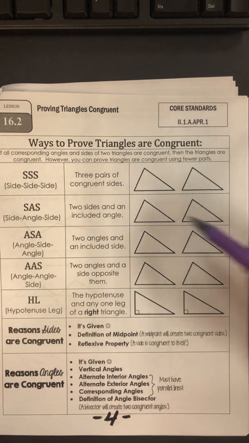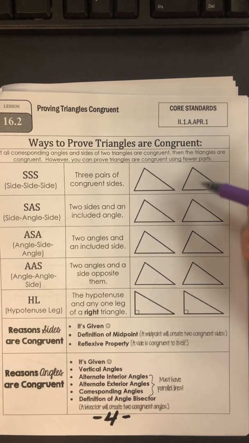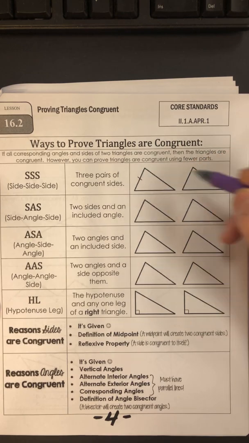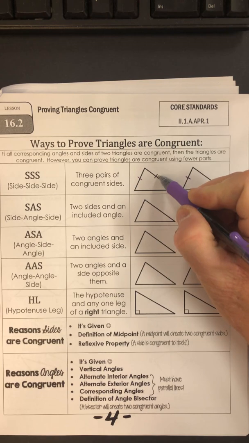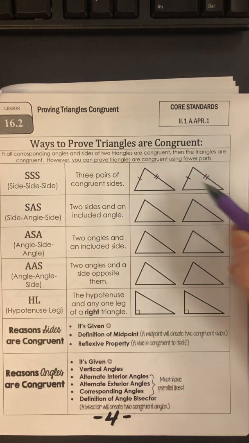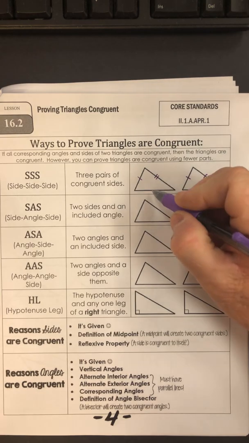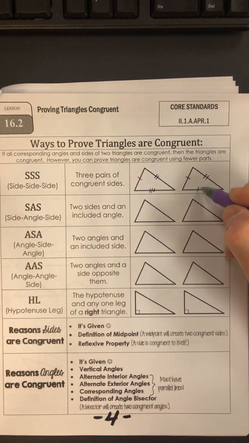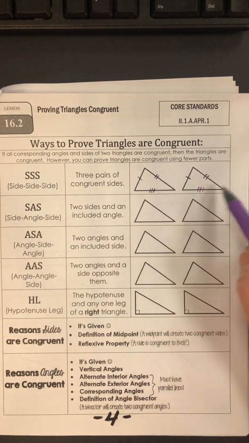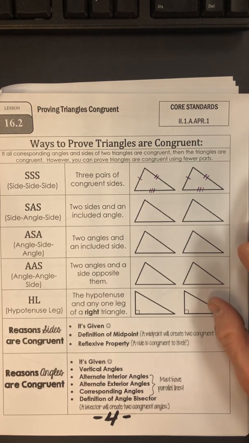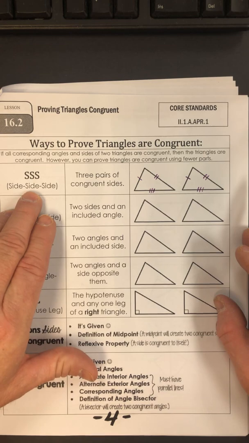So the first rule is SSS, a shortcut for side, side, side, which means that if this side matches up with this side, if those two are congruent, and if another side is congruent to the same corresponding side of another triangle, and if the third side is congruent to the other one, if all three sides of triangle A are congruent to the same three sides of triangle B, then the two triangles are congruent, and the rule would be side, side, side.